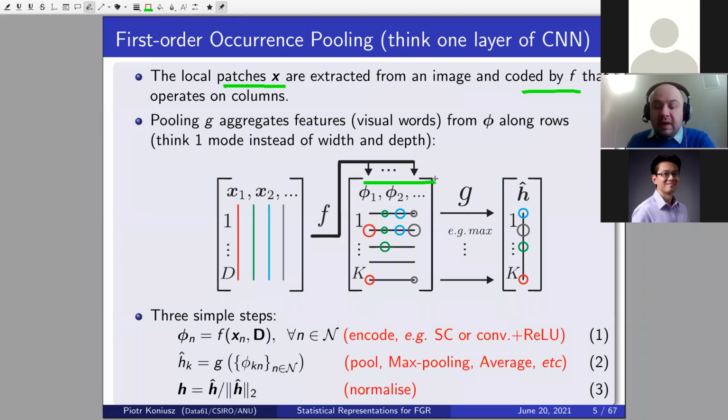In this direction, we have the spatial mode. In this case, it's just a 1D illustration, but of course you can extend it to 2D. Now along the rows, function g performs some summary, and this summary essentially is pooling. Once we get a signature of an image, we can pass it to the classifier.